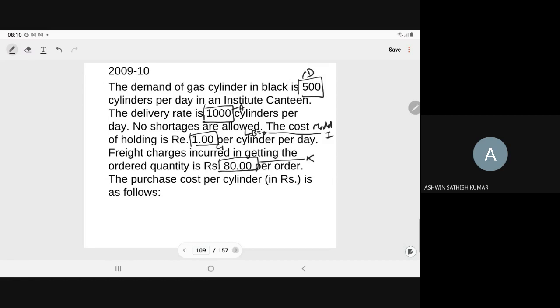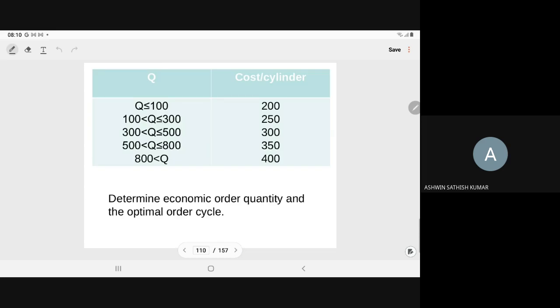If you purchase less than 100 cylinders, unit cost is 200. If between 100 to 300, then it is 250. So you can see here, when we purchase more, you have to pay more unit price.